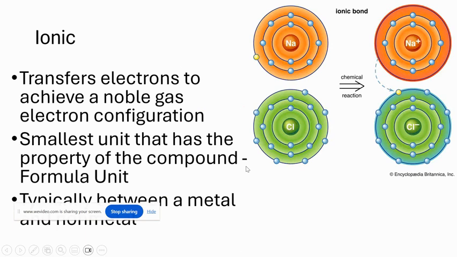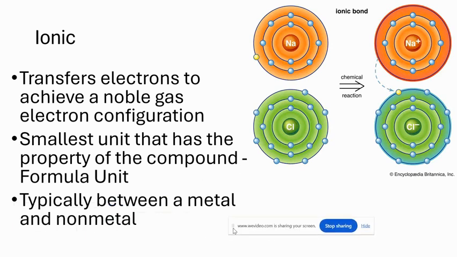Ionic bonds then are going to involve a transfer of electrons. So we're going to be transferring electrons so that we can get that noble gas configuration, so that we can end up with a full octet on the outer ring. We want to have 8 electrons on the outside, and ionic compounds transfer electrons to make that happen.